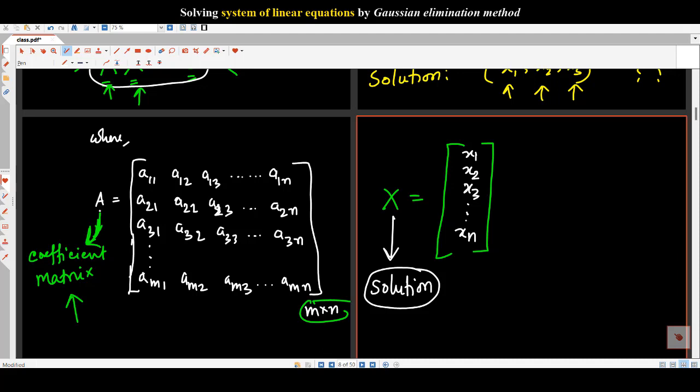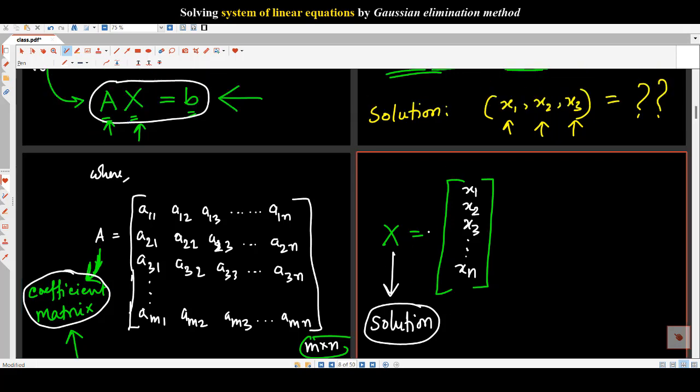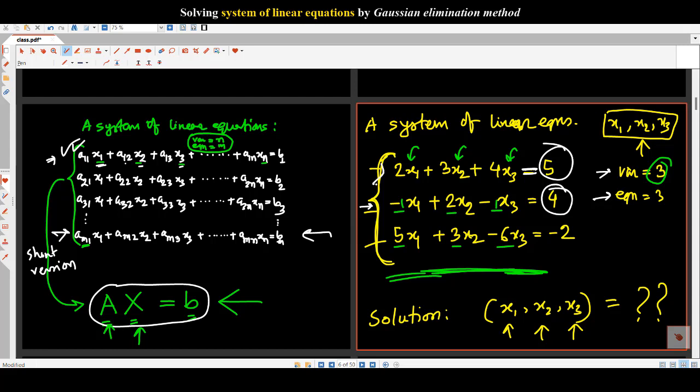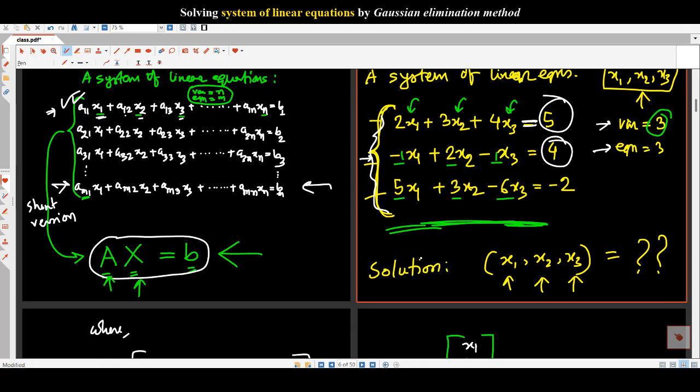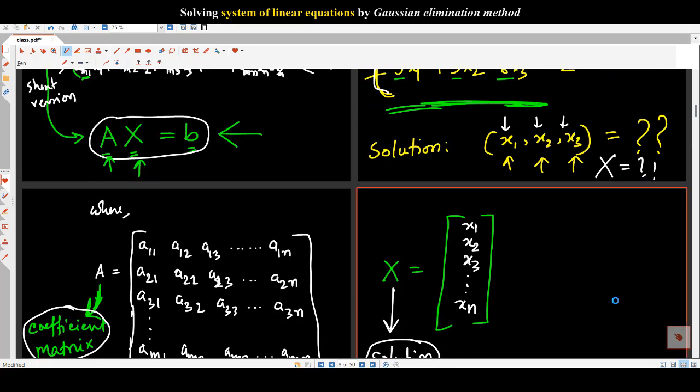Okay, A is denoting the coefficient matrix. X is the solution matrix. Solution means if we think about this system where we have three equations with three variables, so the solutions x1, x2, x3, if we write x1, x2, x3 in short form capital X, then that is actually meaning the same. Okay, so all variables in compact form can be written with capital letter X.